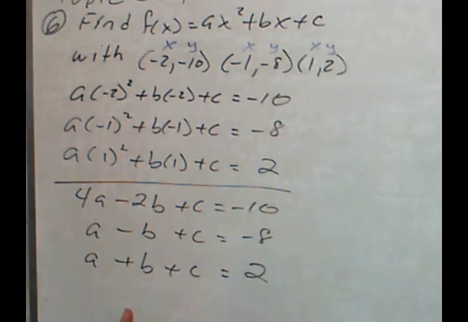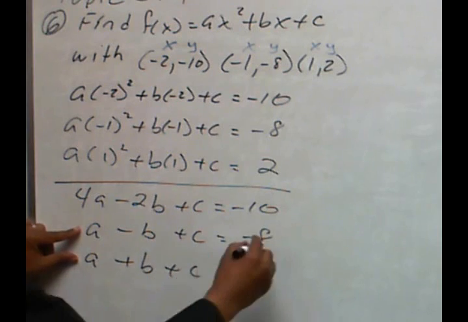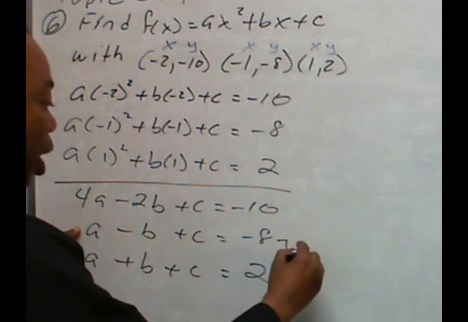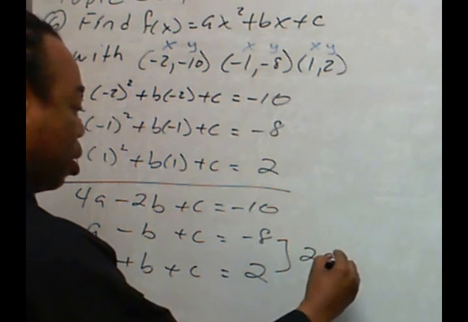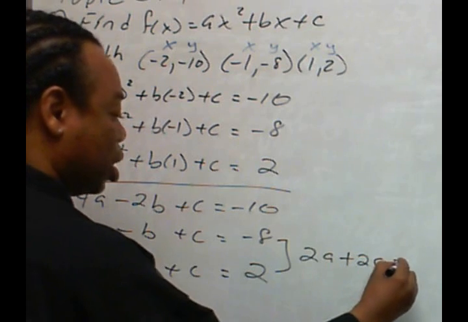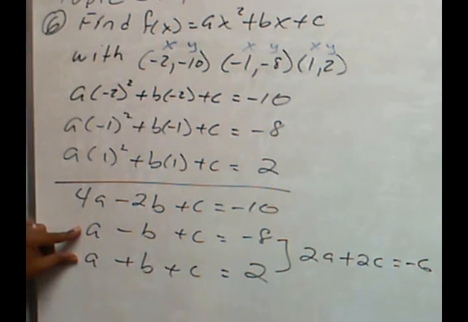Now I have a system of 3 variables, and I want to eliminate one of the variables, so I'm going to choose to eliminate the b's. So I can eliminate these two b's instantly and get 2a plus 2c equals -6.